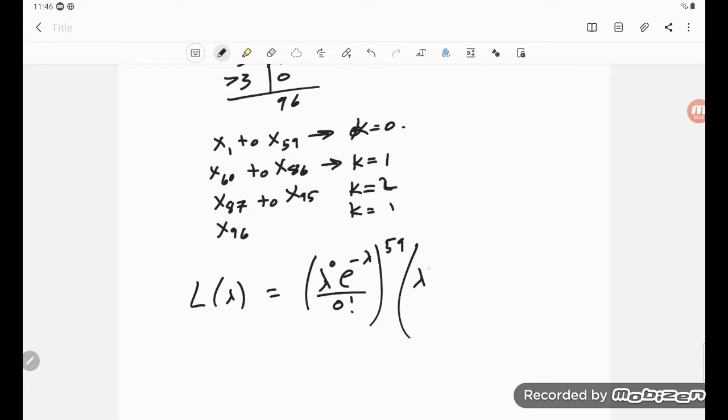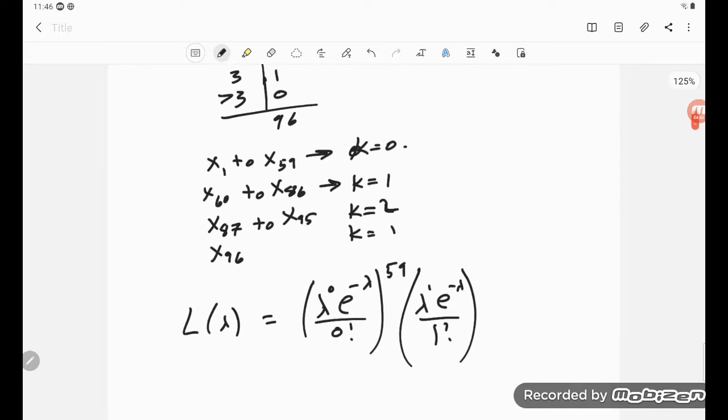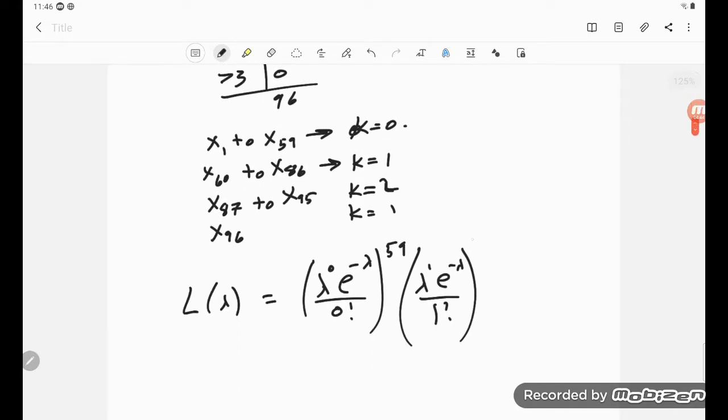And then lambda to the 1, e to the negative lambda over 1 factorial, we would have that 27 times.